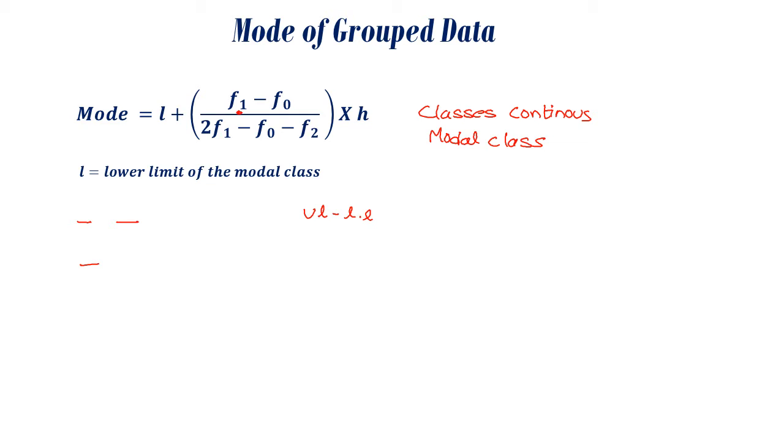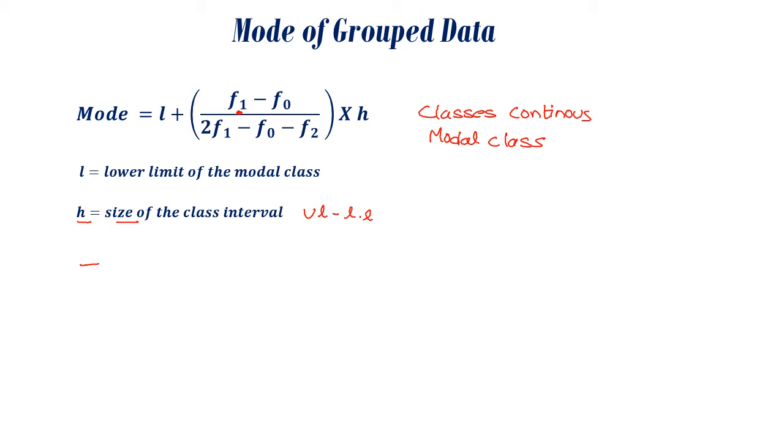F1 is the frequency of the modal class. H stands for the size of the class interval. Class size is nothing but upper limit minus lower limit.